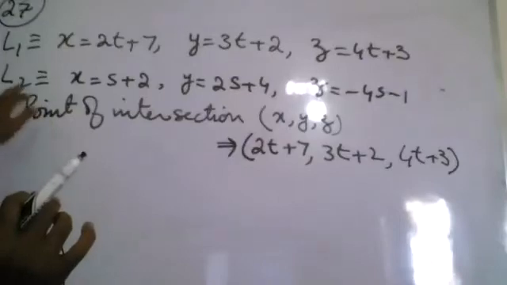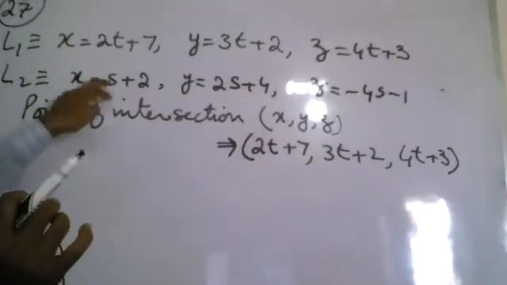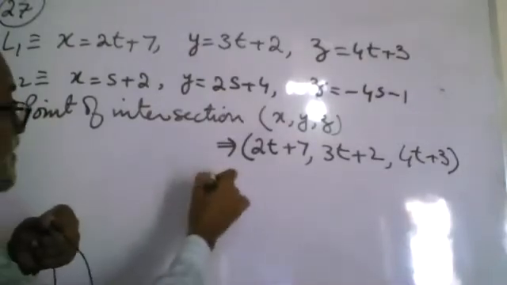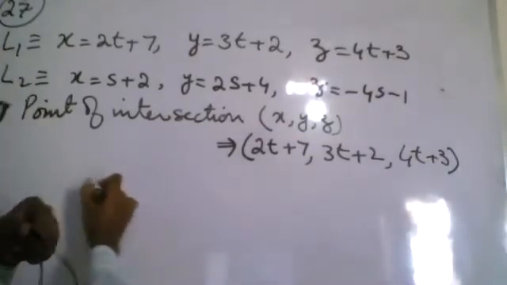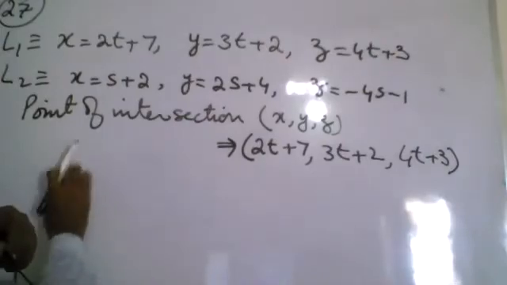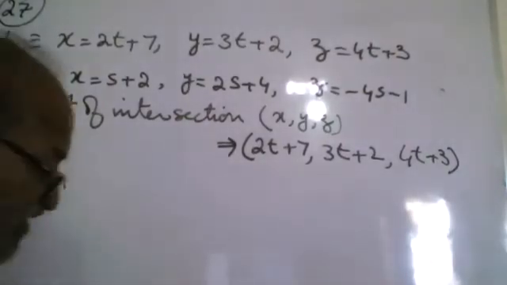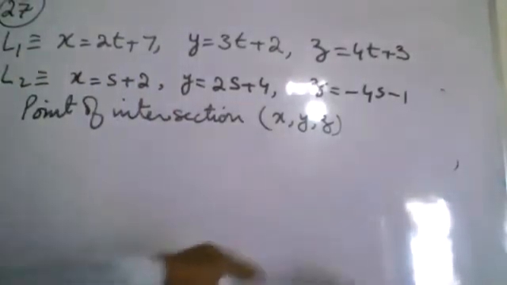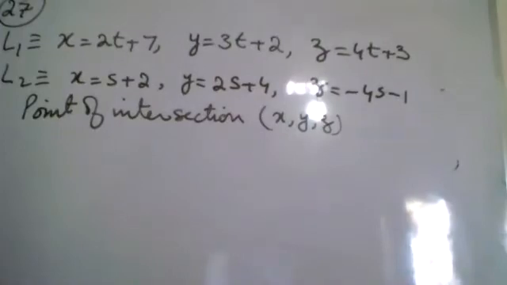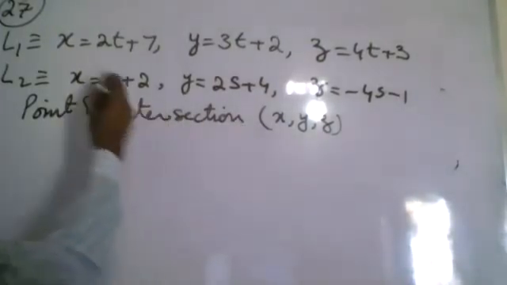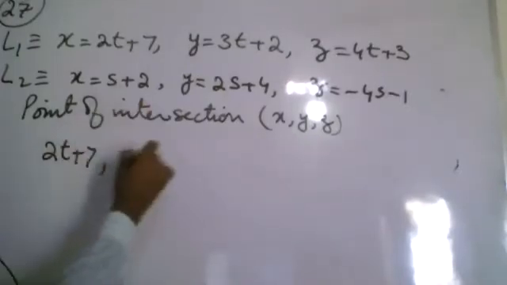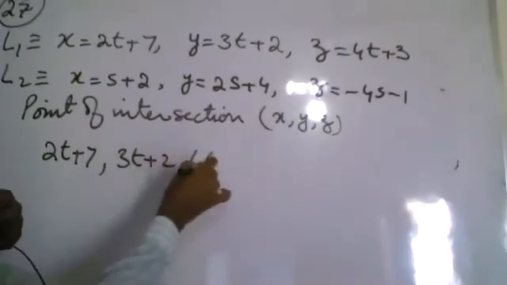And in this one, X is equal to s plus 2. That will be equal to, I'm writing over there: X is 2t plus 7, Y is equal to 3t plus 2, and Z is equal to 4t plus 3.